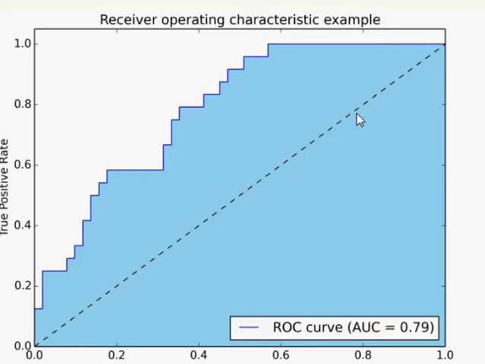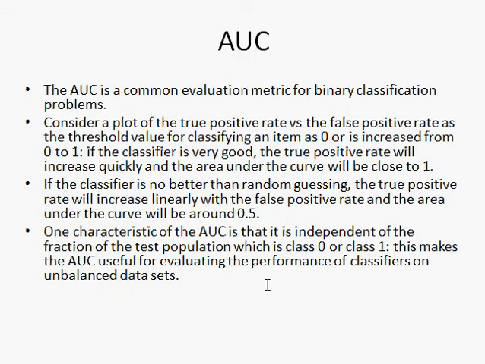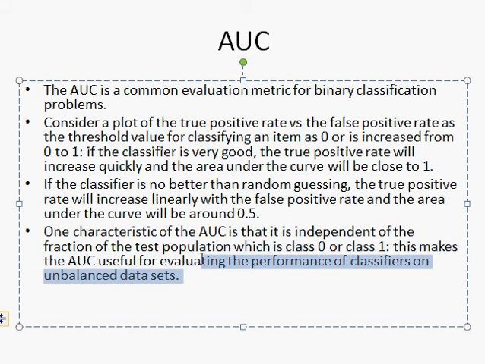This line here is the 50-50, and every time you get a true positive you go up, and every time you get a false positive you go across. The higher you're getting, the more area this curve has underneath, the better your classifier is. We're not going to get into the details of the curve, but just so we know that it's another way of comparing different classifiers, and it's useful when you have to evaluate performance on unbalanced data sets.